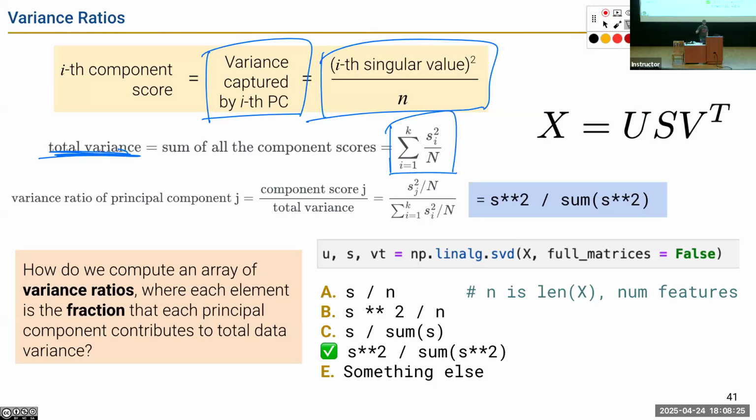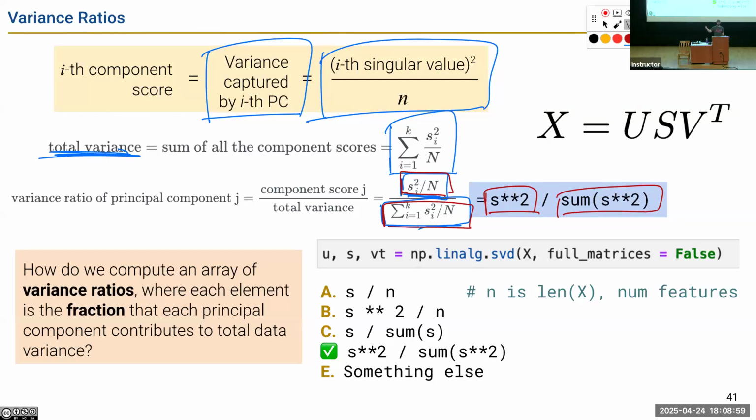The fraction of variance from one principal component is just that individual variance divided by the total variance. The n's cancel out. All that matters is the singular value squared divided by the sum of the squared singular values. This is a nice computation. If you know the singular values from SVD and you're running PCA, and you want a sense of the variance explained by each principal component, you just run this computation: S squared over the sum of S squared.